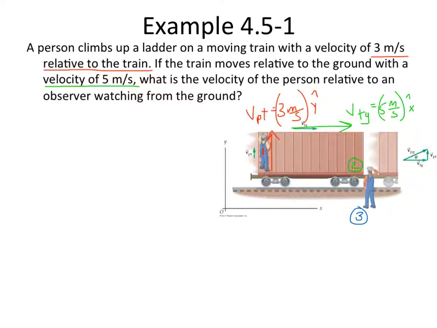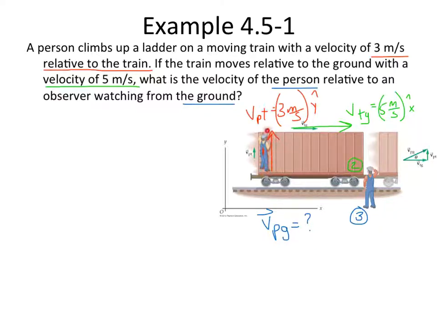So the question is, what is the velocity of the person relative to an observer watching on the ground, or you might just say relative to the ground. So velocity of the person to the ground is what we want to find right there. Now, before we actually do this mathematically, what's it going to look like?